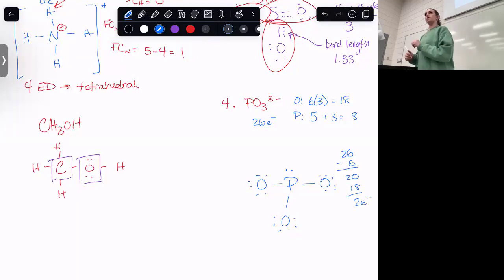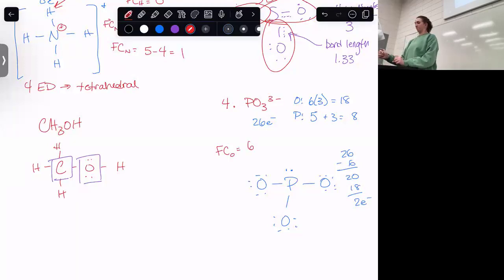What's our formal charge of the oxygens here? It is.